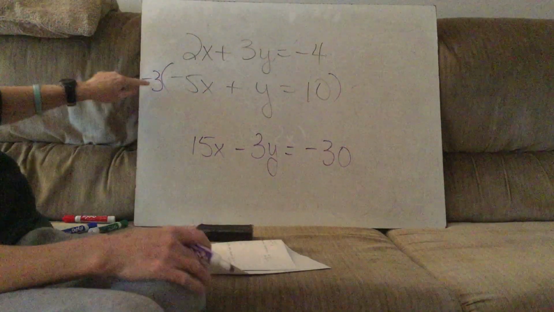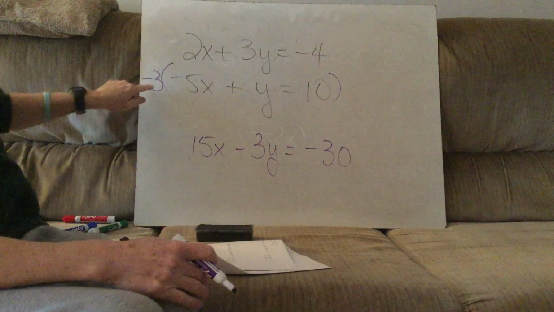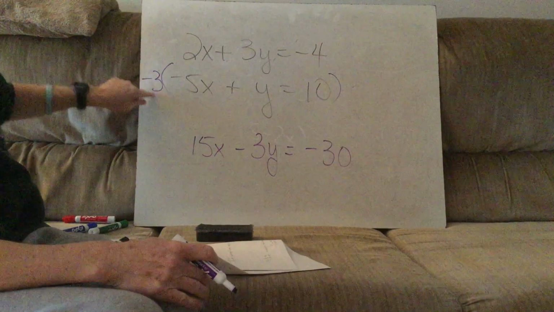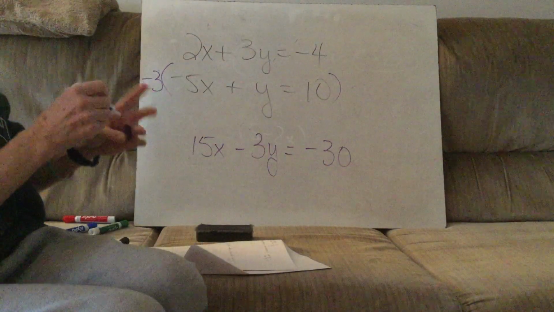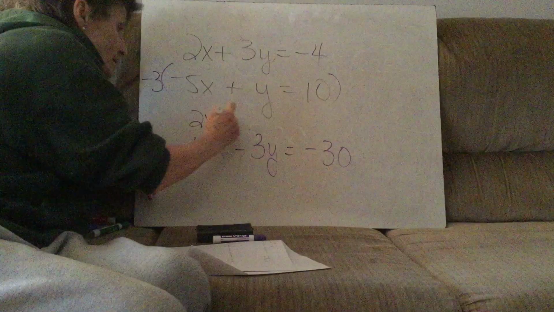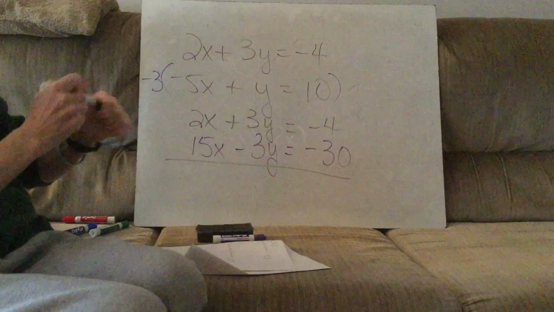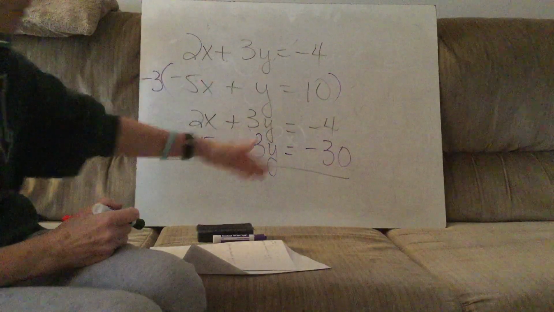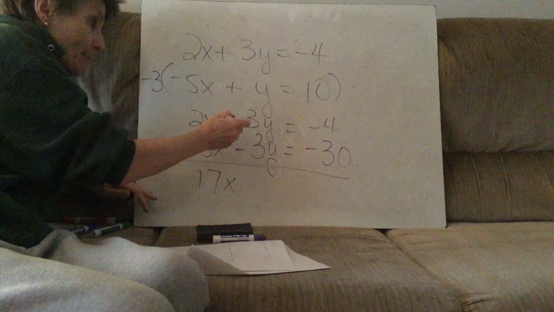Now, what's so special about that? I multiplied the bottom equation by negative 3, so I got 15x minus 3y equals negative 30. That's the second equation. Well, remember, the first equation looks like this. Now, remember what we're doing when we're doing elimination? We're adding them together. Well, this would make 17x, but what happens here?